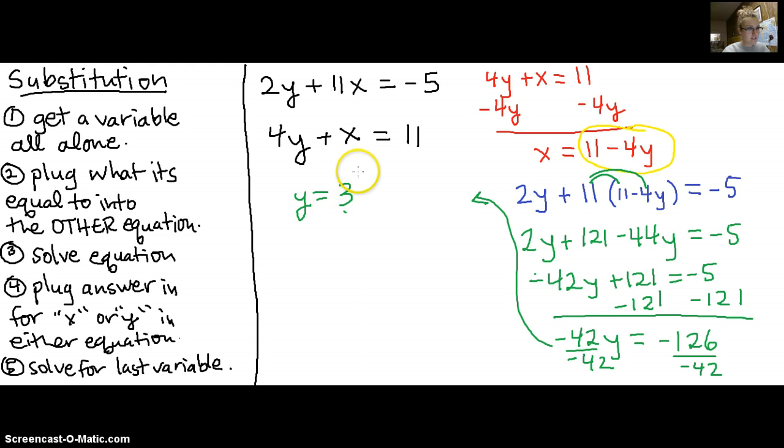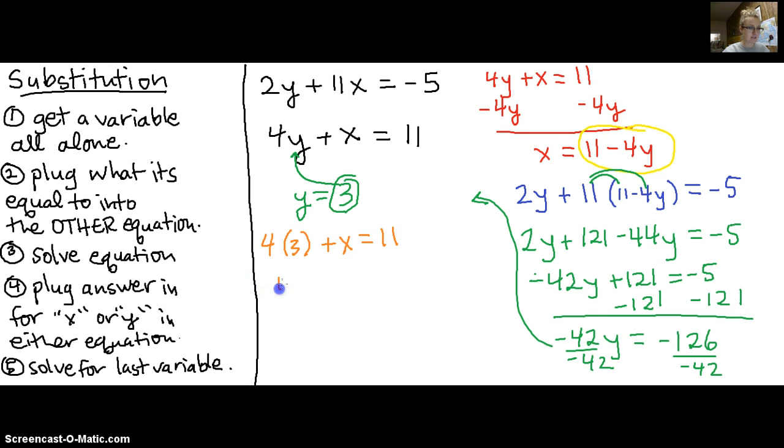So let's plug it in here to this second equation. We'll take the 3 and put it in for the y. Now let's go ahead and move to an orange color. So we'll have 4y. Oops, I just said we're plugging in 3 for y. So instead of y, I'm putting a 3 plus x equals 11.